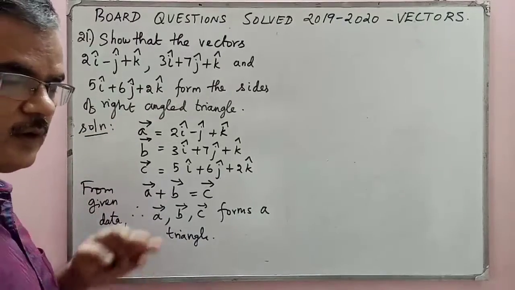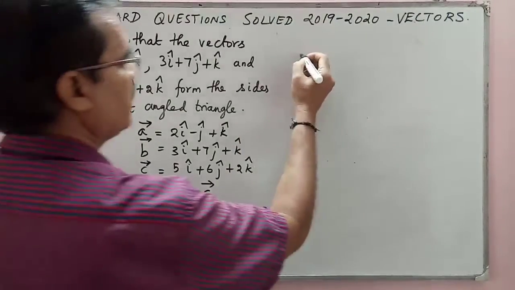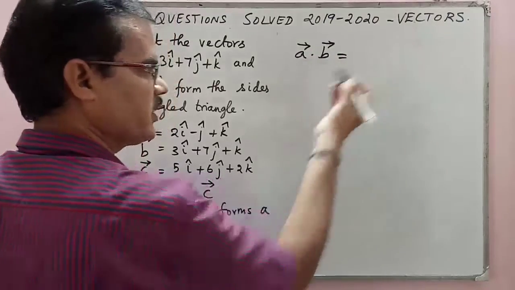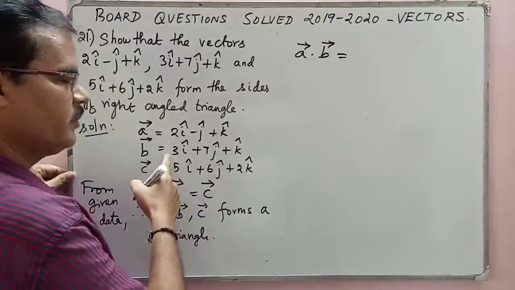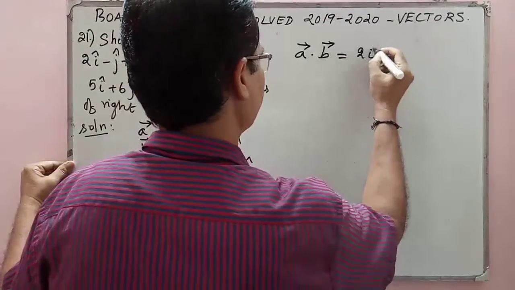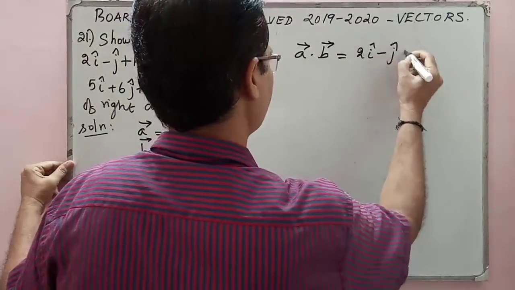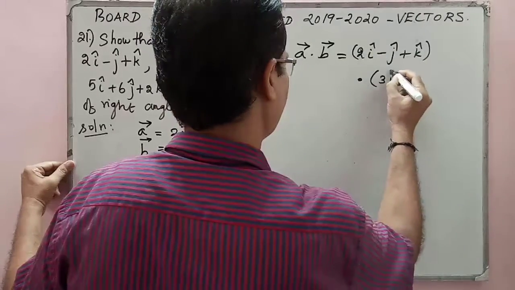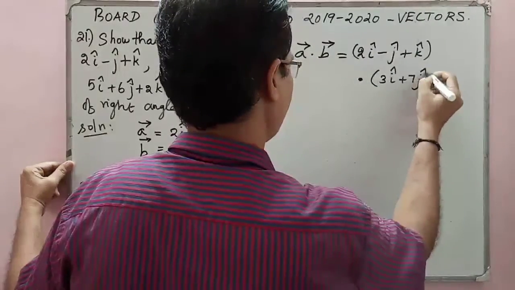So we are going to go for a scalar product. You choose any two vectors and find whether the scalar product gives 0. I am going to multiply these two vectors. Let me write these vectors: 2i minus j plus k vector dot product of 3i plus 7j plus k vector.